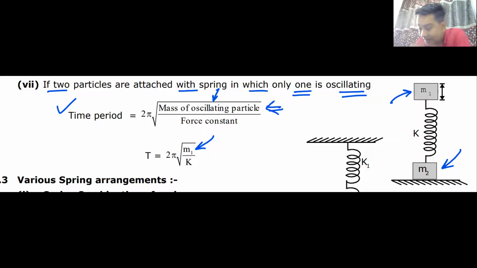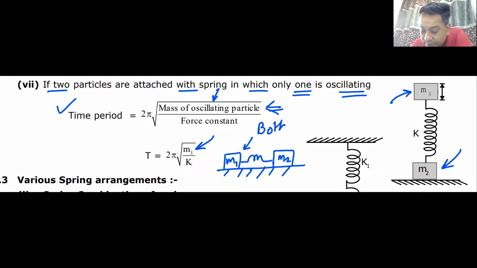Yes, sir. You might have a case where both the particles are oscillating. Please remember this case where both the particles are oscillating. So I kept the block M1 here. I keep the block M2 here. And then both of these are oscillating. Now in that case, and remember this formula in which both are oscillating, the time period becomes 2 pi root over M1 M2 divided by (m1 plus m2) multiplied by k.